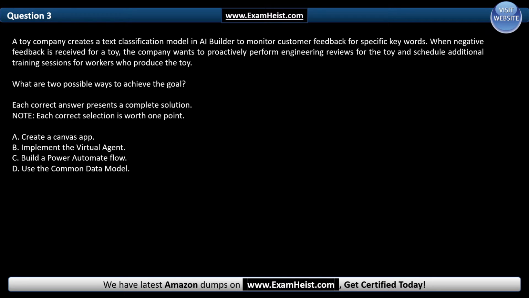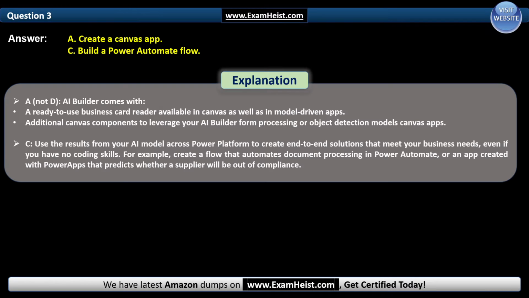The correct options are A and C, that is, create a Canvas app and build a Power Automate flow. About the options, A. AI Builder comes with a ready-to-use business card reader available in Canvas as well as in model-driven apps. Additional Canvas components leverage your AI Builder form processing or object detection models, Canvas apps.